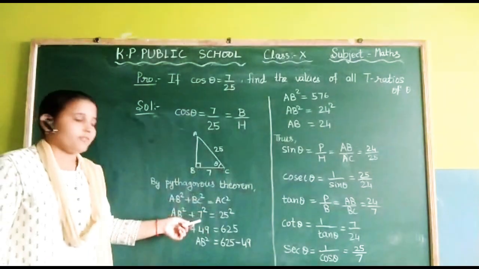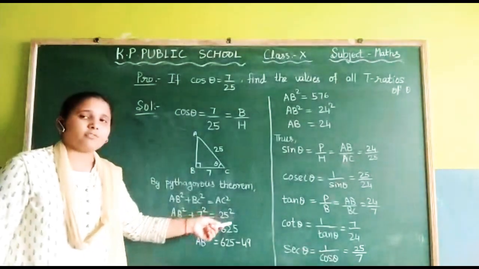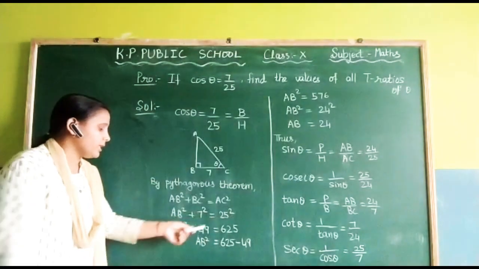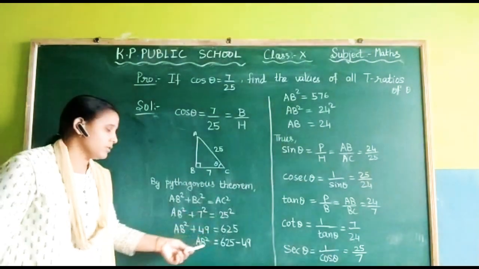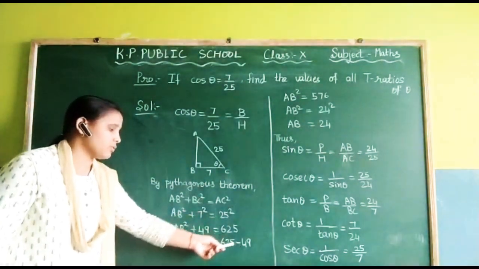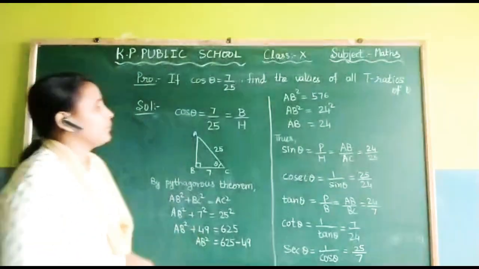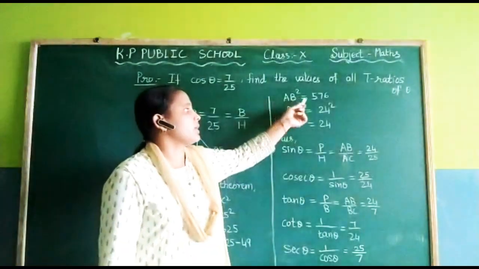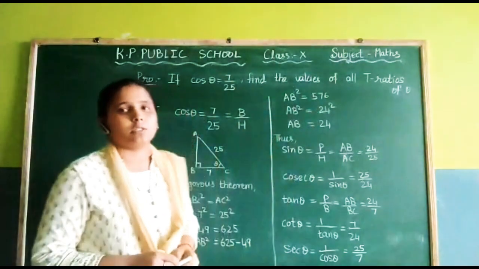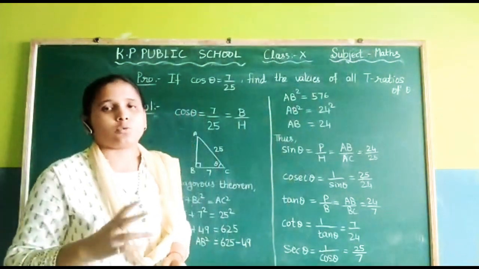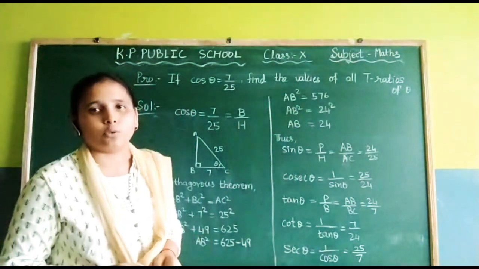So students, 7 square is 49 and 25 square is 625. When we take this 49 to the other side, it will be minus. So 625 minus 49, thus it becomes AB square is equal to 576. I have told you to learn the squares of numbers from 1 to 30.